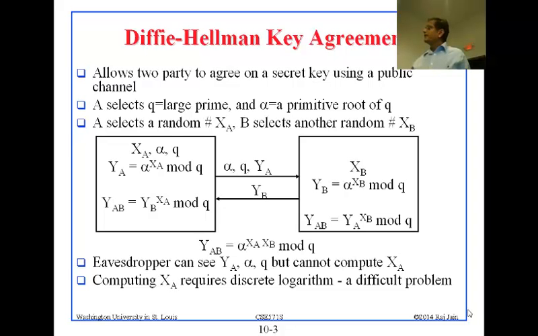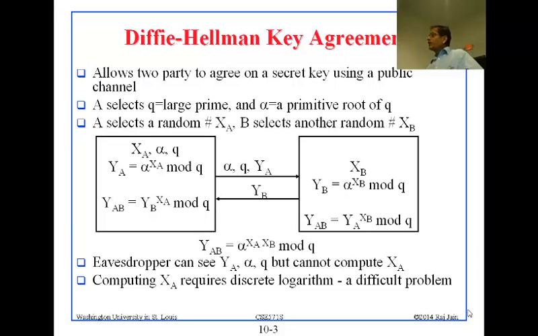And then it selects XA as well. So three things it selects: XA, alpha, and Q. Then it computes YA equal to alpha raised to XA mod Q, and it sends on the public channel alpha, Q, and YA. Everybody can hear them, and B can hear that too.